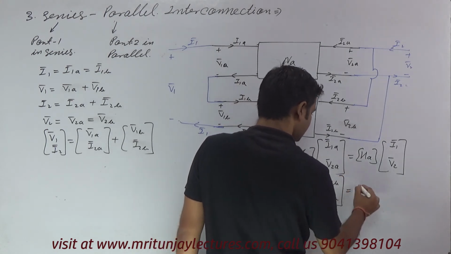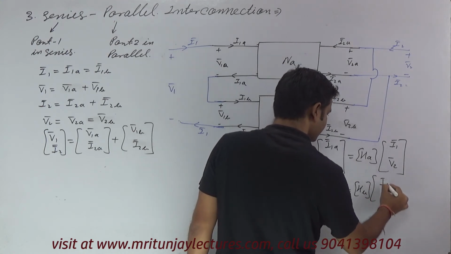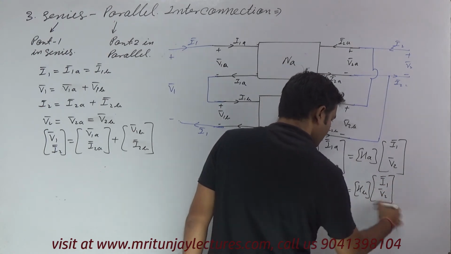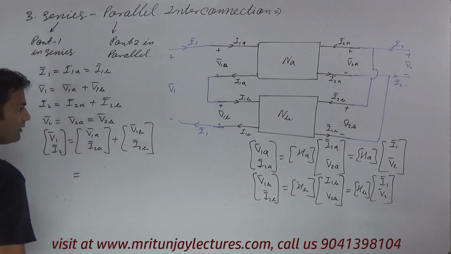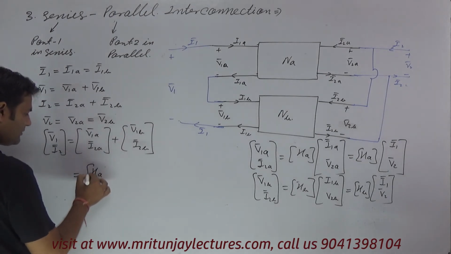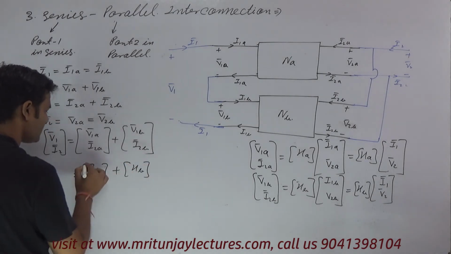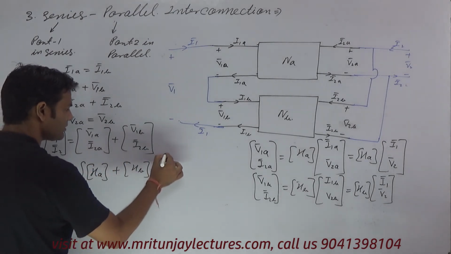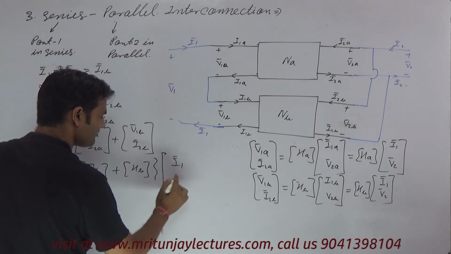Okay, that is HB, that is I1 and V2. Clear or not? So if written here HA and here HB, and that is I1 and that is V2.